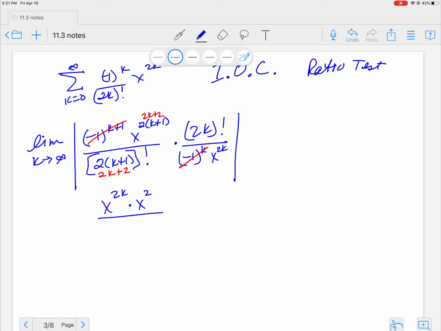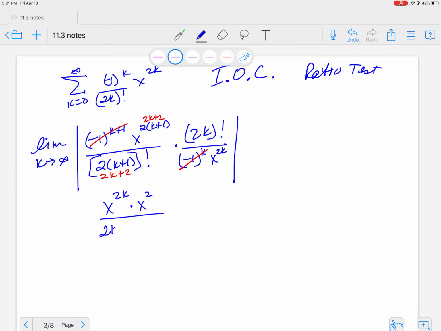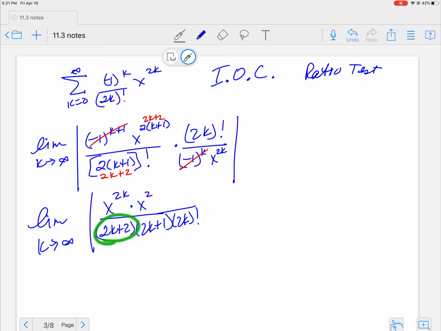I'm not going to write out every single step because you got this. So this is 2k plus 2. I have to write my limit, though. 2k plus 2, 2k plus 1, and then 2k. You have to go down in value, right? If you start off with plus 2, minus 1 is 2k plus 1, minus 1 is 2k plus 0.